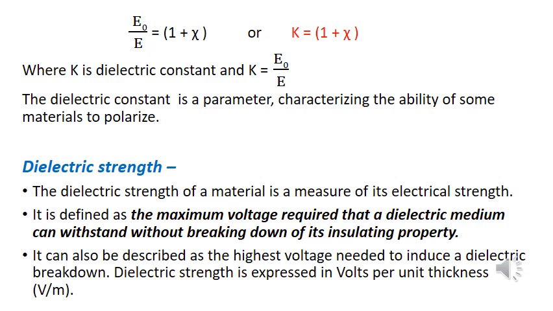And next is dielectric strength. The dielectric strength of a material is a measure of its electrical strength, and it can be defined as the maximum voltage that a dielectric medium can withstand without breaking down of its insulating property.